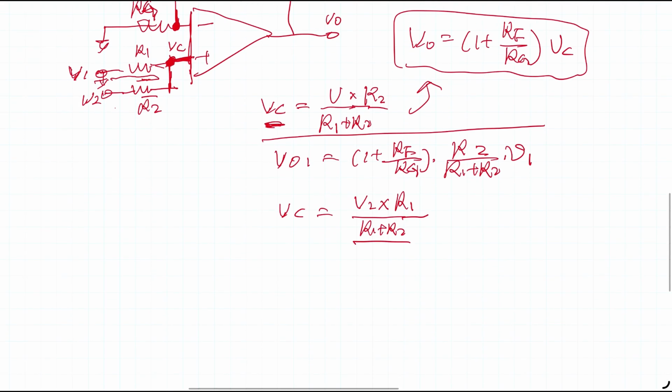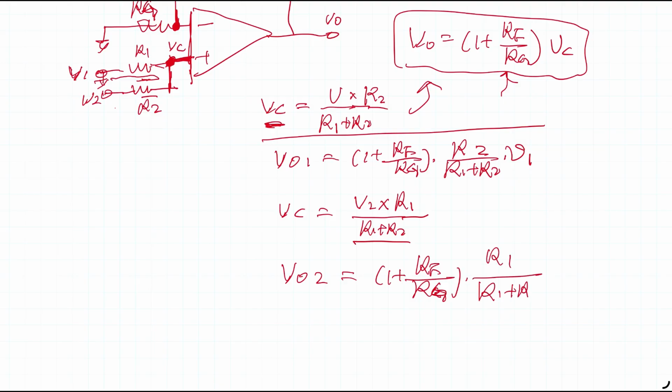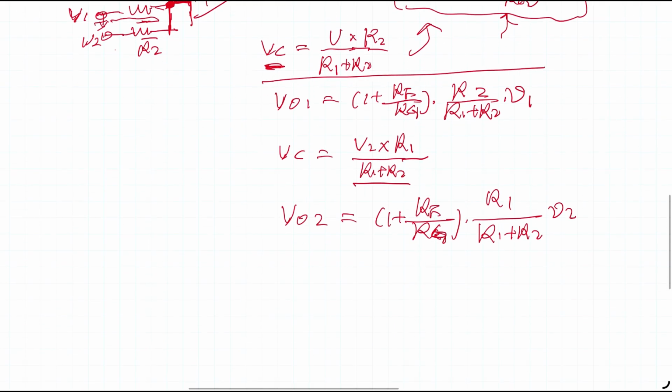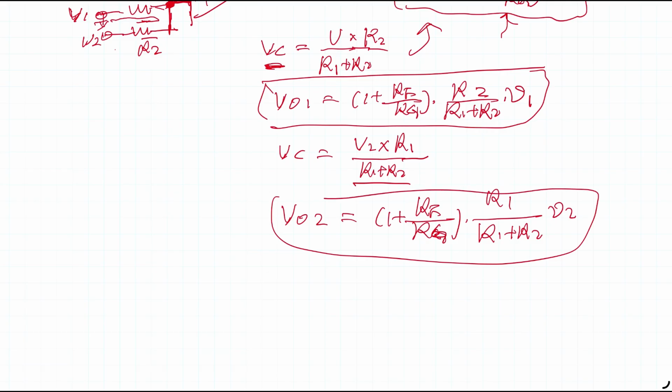And now we can use the transfer function for a standard non-inverting op-amp again. So we have V02 equals 1 plus RF over RG times R1 over R1 plus R2 times V2. So we now have these two equations, and the total V out will be V01 plus V02.